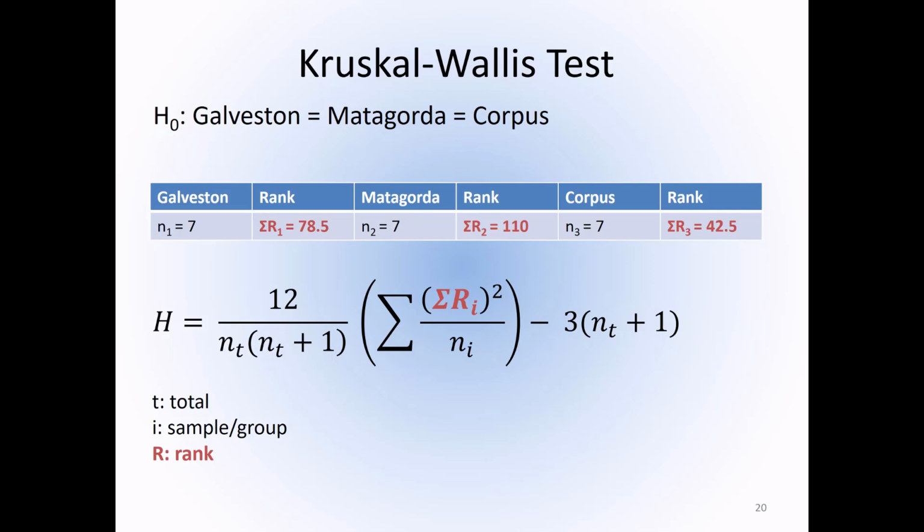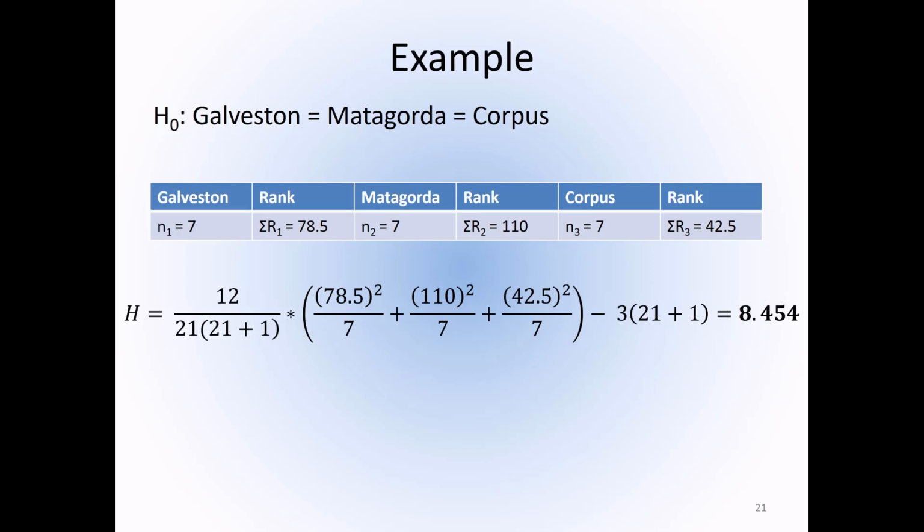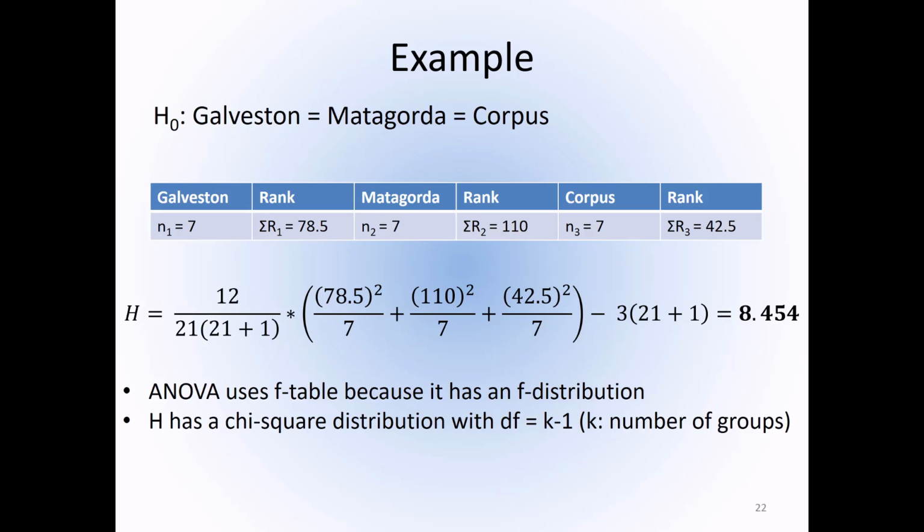Again, following orders of operations is going to be key here for this formula. So we can go through and put in our respective values for this formula, and we can get our test statistic, 8.454.